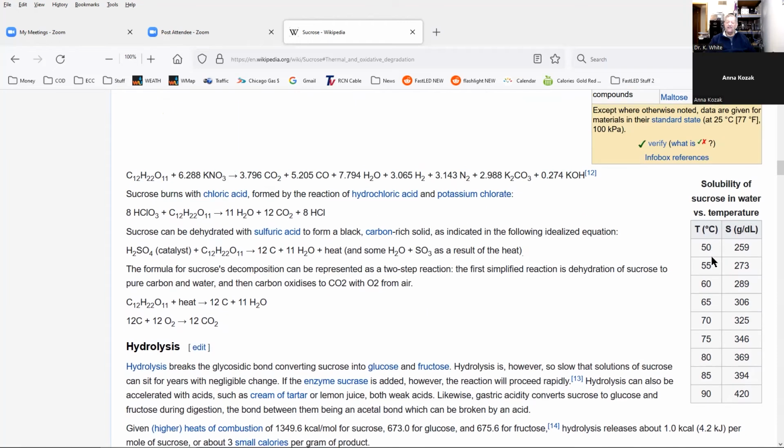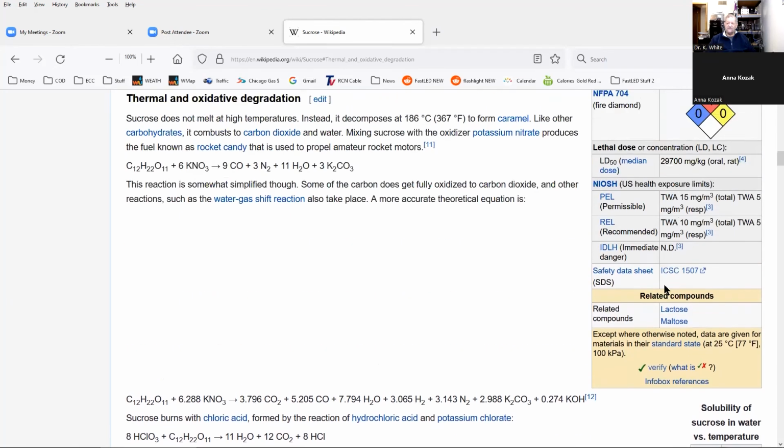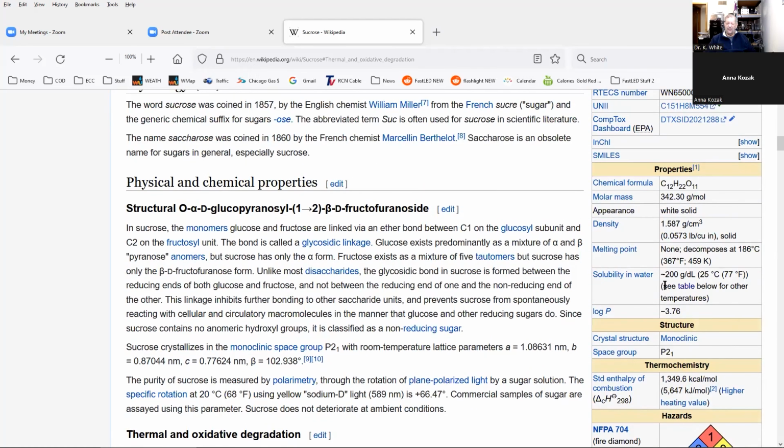Notice how as your temperature goes up, you can dissolve more. But if we go back up here, the solubility is about 200 grams of sugar in 100 milliliters or grams of water. So solubility is an important feature of a solution and a solute in that solution.